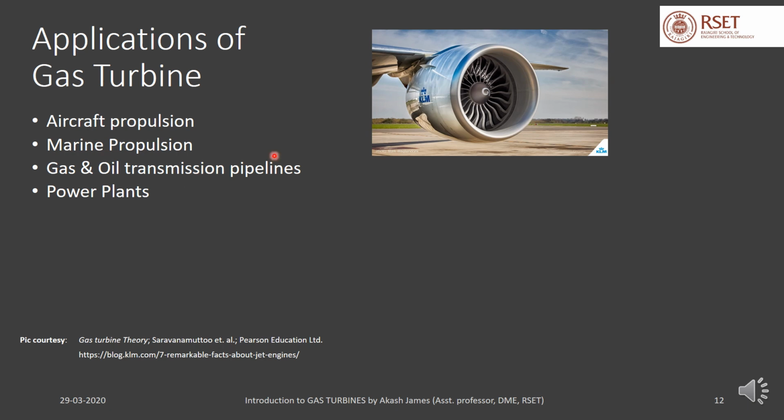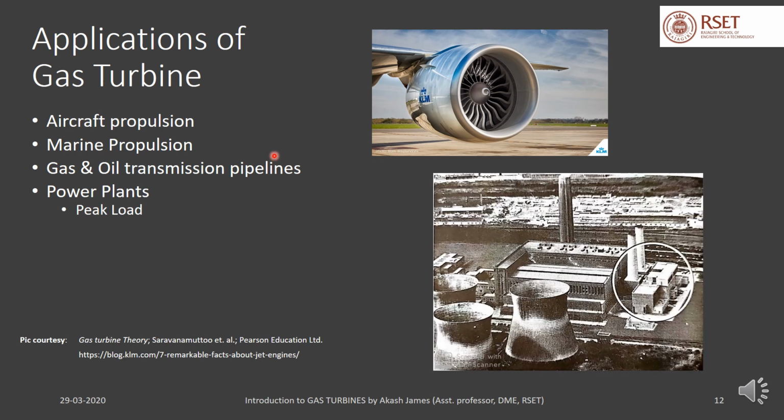It is used in power plants in many ways. One, as a peak load power plant. Here in the picture you can see a steam turbine power plant along with a gas turbine power plant. You can see that a gas turbine power plant is much more compact than a steam turbine power plant. Why peak load application?